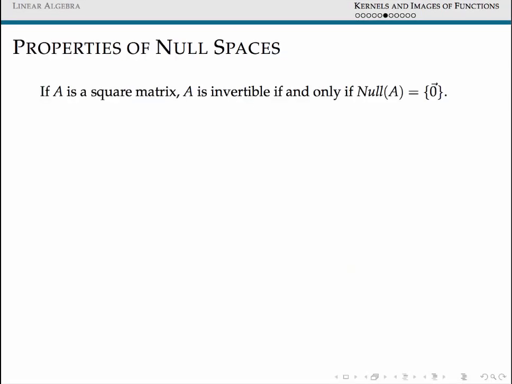One of the nice properties of null spaces is we can immediately identify whether or not a matrix is invertible by looking at what's in our null space.